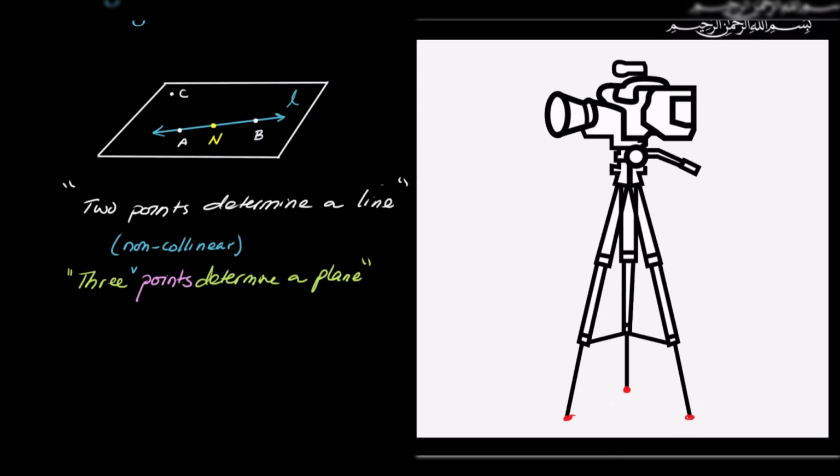They don't shake and move, because three points determine the plane, and they'll find the plane of the ground and stay there without wobbling. So tripods are used for this reason, because three points indeed do determine a plane. Just like two points determine a line, it's assumed in this statement that three non-collinear points determine a plane.